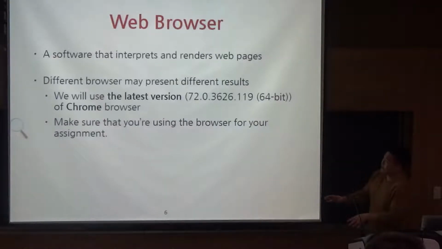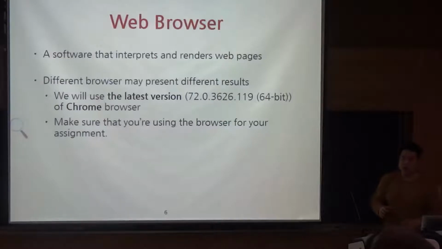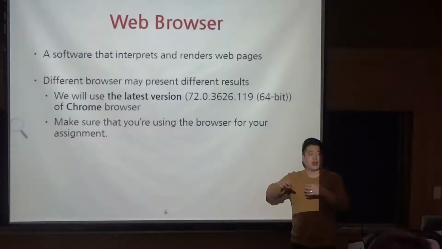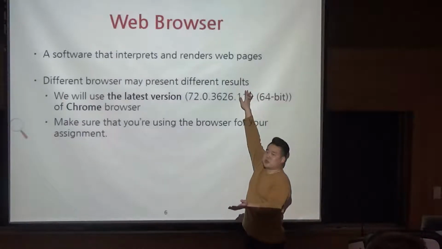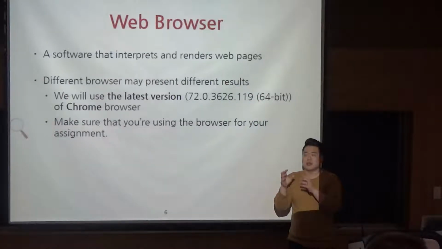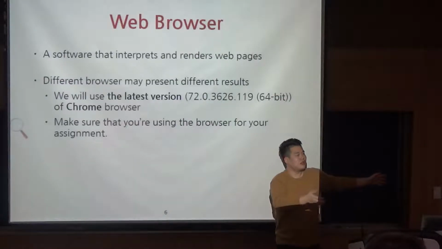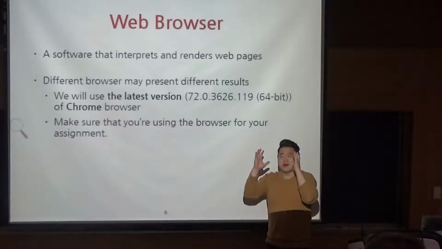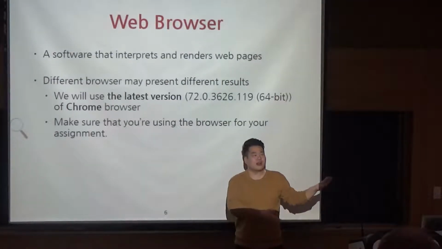And different web browsers may present different results. Like we have Internet Explorer and Chrome. They are different software, which means they have different algorithms to interpret and render a web page. And it becomes really serious if you want to build a web page that's really usable out there.